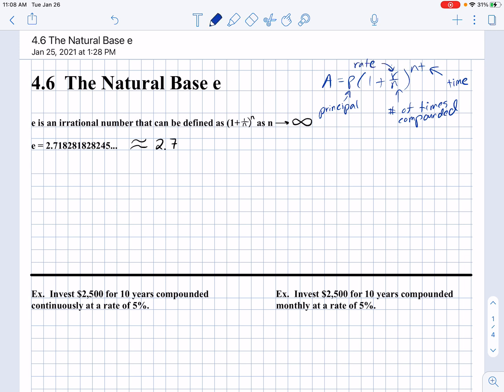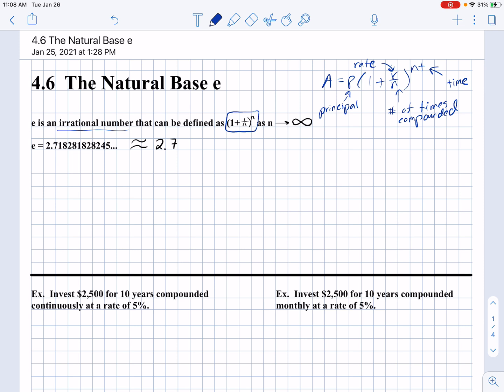Okay, so for a natural base, e represents an irrational number, a number that goes on forever. It's defined as 1 plus 1 over n to the power of n. So imagine our time would just be 1. This represents 1 year.